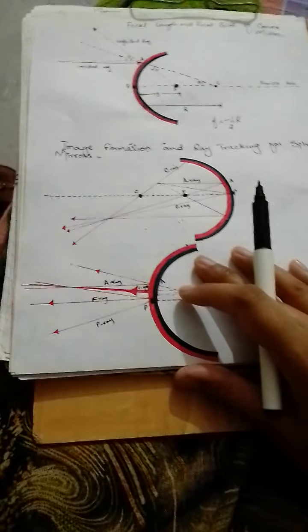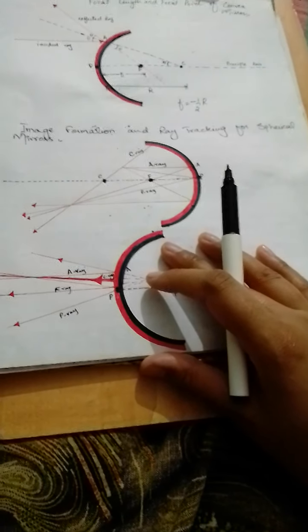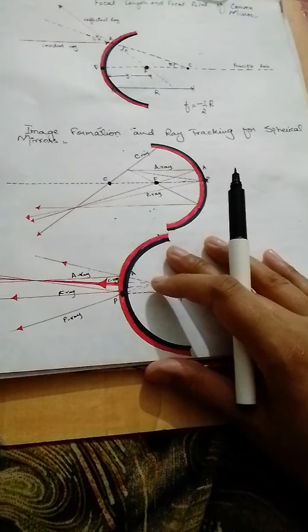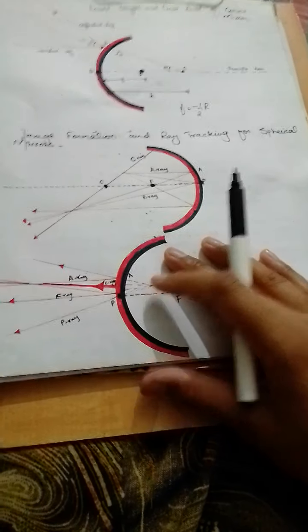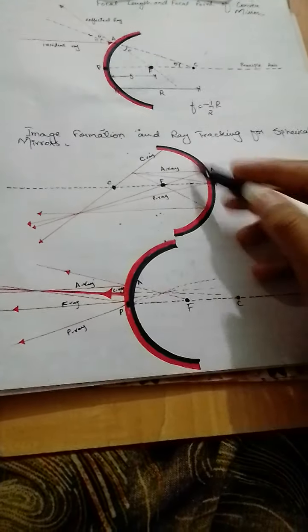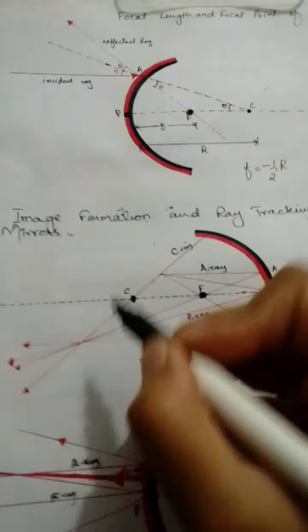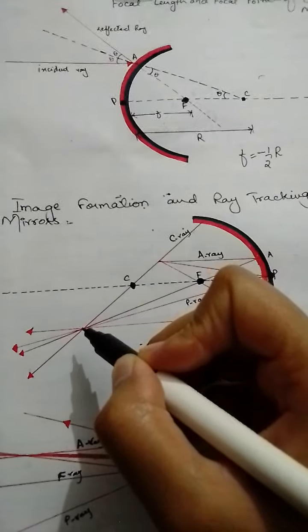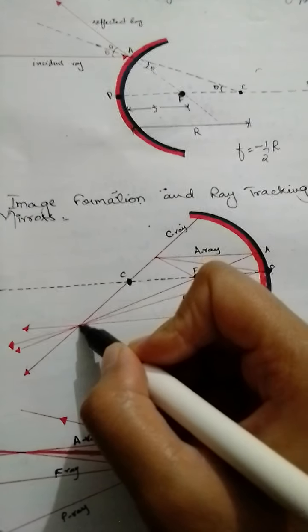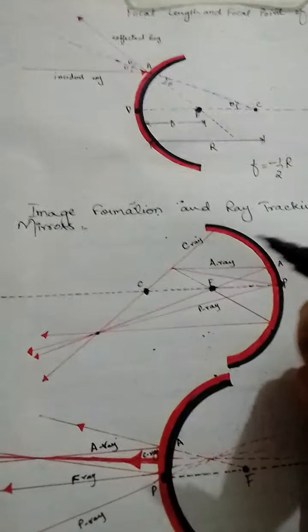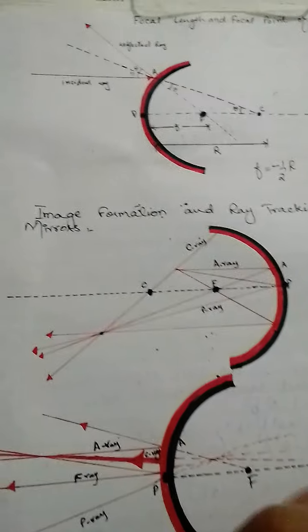Coming to our last topic, image formation and ray tracing for spherical mirrors. We have taken both the cases, the concave mirror and the convex mirror. First we will discuss the concave mirror. Now, if we want to determine how an image is formed, how any point of the image is formed, let's say a point is equal to a pixel.